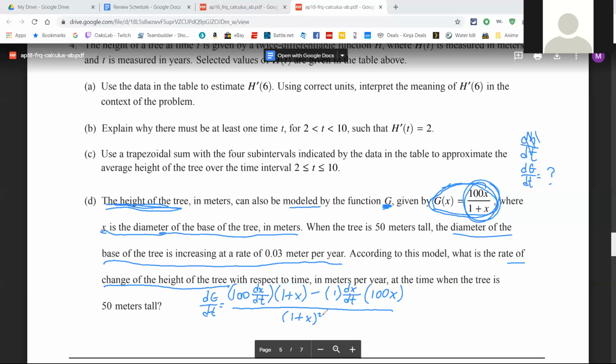So I'm sure they'll give you some credit for getting that far. All right. And our goal now is to simplify it. Now, if you notice, they have dx dt in common here and here. So I would actually factor that out just to put it out here.